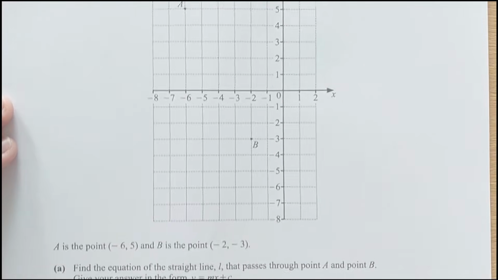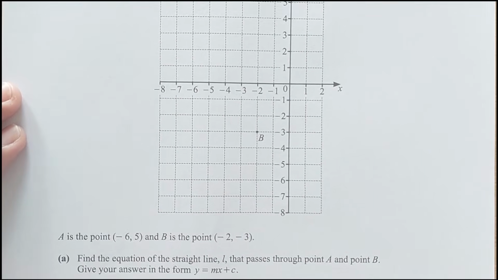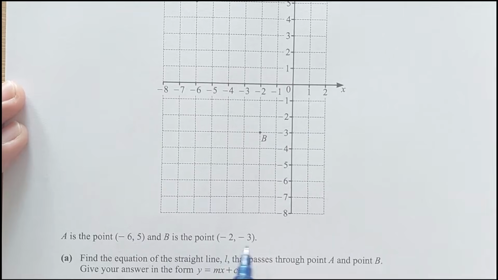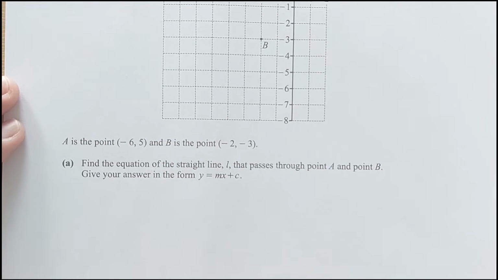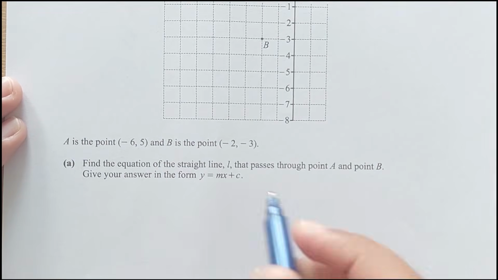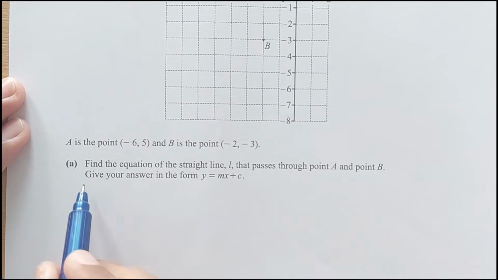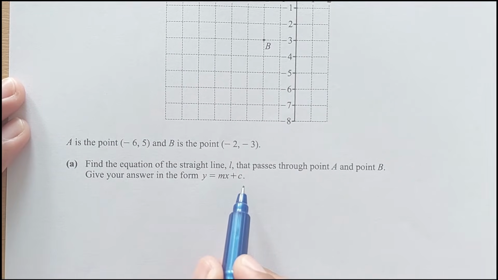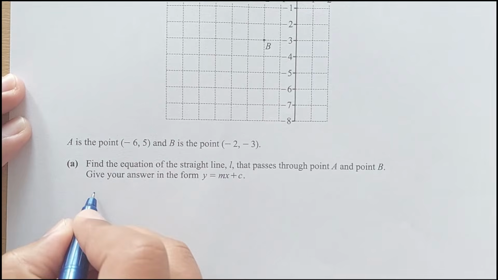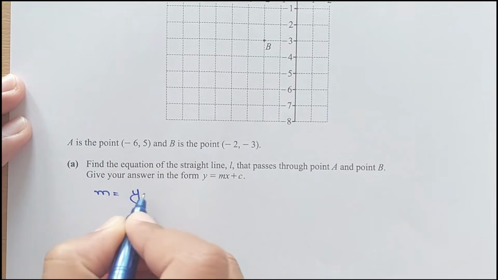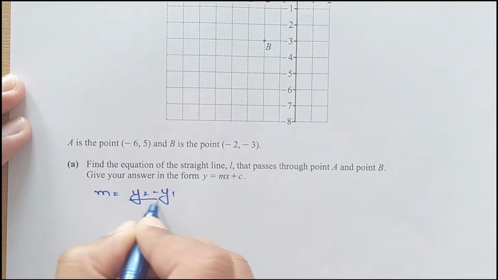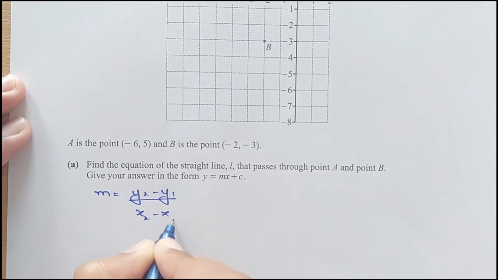Question number 16. A is the point minus 6, 5 and B is the point minus 2, minus 3. Part A, find the equation of the straight line L that passes through point A and point B. Give your answer in the form y equals mx plus c. Okay, so m is the slope, that is y2 minus y1 over x2 minus x1.